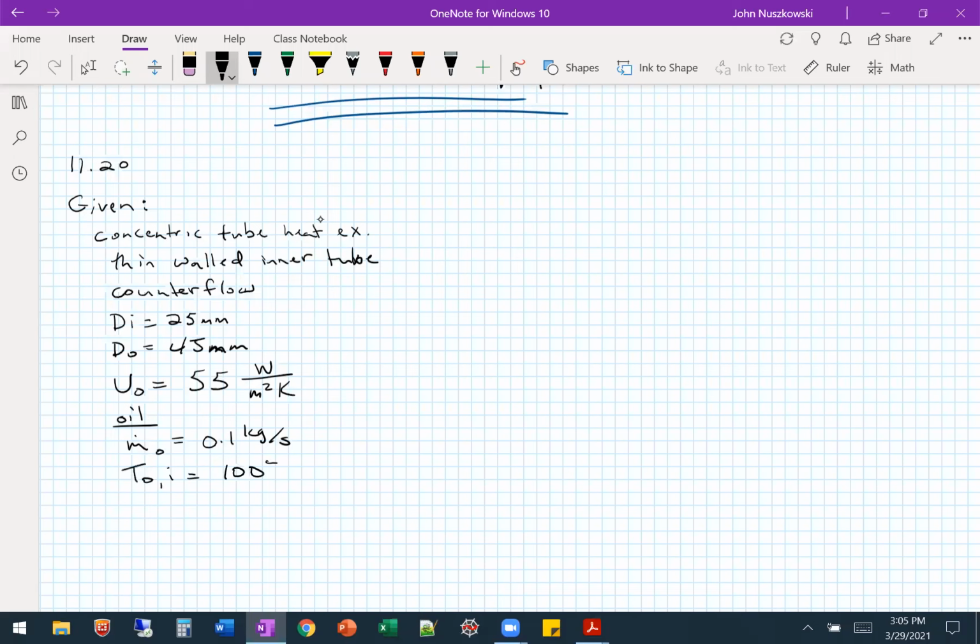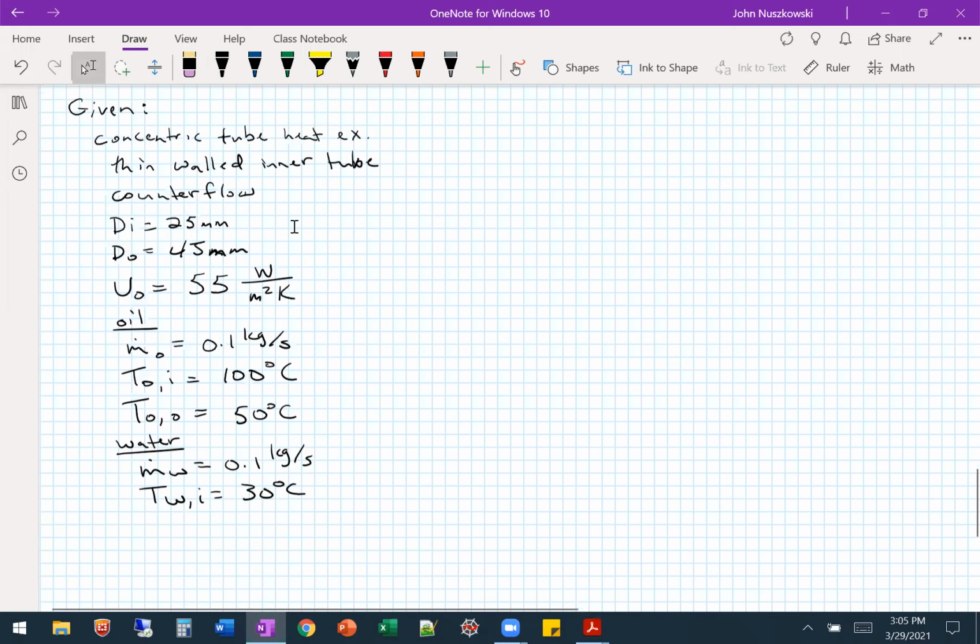Oil outlet is 50 degrees Celsius. And then we have the water side, and they give a mass flow rate on the schematic of 0.1 kilograms per second. And the water's inlet temperature of 30 degrees Celsius.